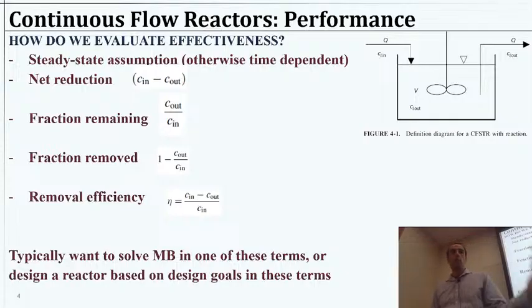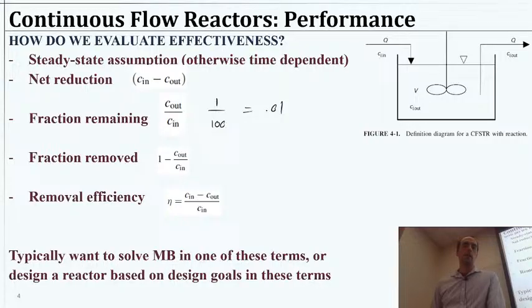So we could look at net reduction. What's the difference between what we start with versus what we end with, right? We are reducing it by X amount, C in minus C out. We could look at what portion is remaining, so what is going out compared to what's coming in. So if, let's say, we had 1 out of 100, that's going to be 0.01 as a fraction, right?